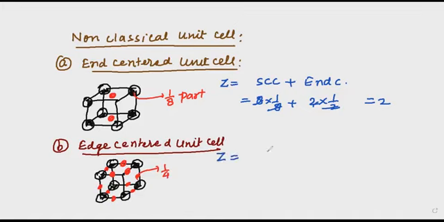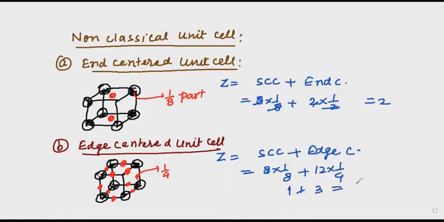So rank Z is equal to SCC plus edge centered. So this is 8 into 1 by 8, and this, remember, is 12 into 1 by 4 because only 1 by 4 is participating. This is 1 plus 3 is equal to 4. So edge centered has a rank of 4.